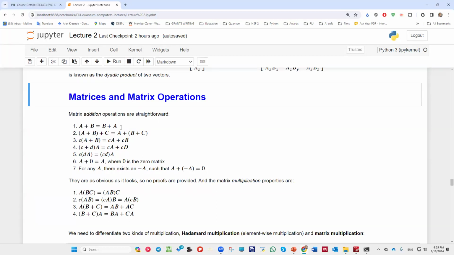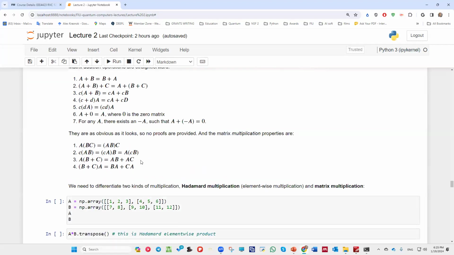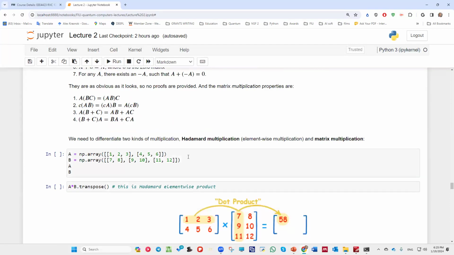So matrices. Of course, you're familiar with matrices. You know that we can sum the matrices, and we can multiply the matrices by constants. There are also these properties which are rather straightforward. Let me actually transit to two types of multiplication of matrices.